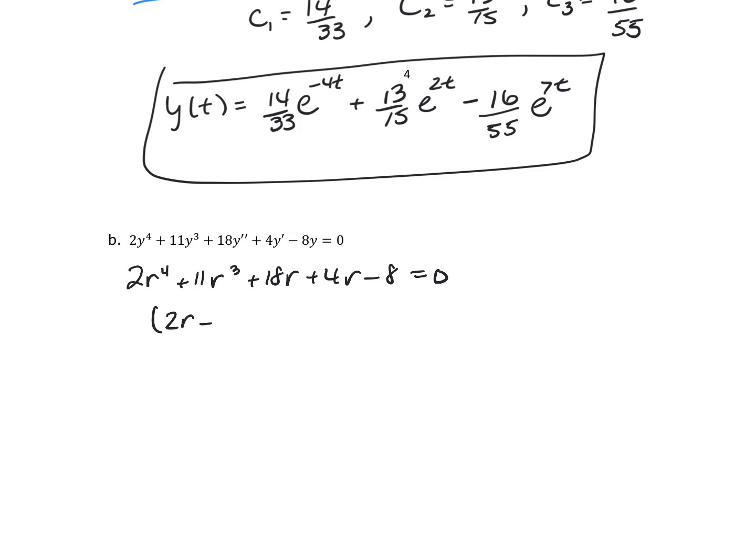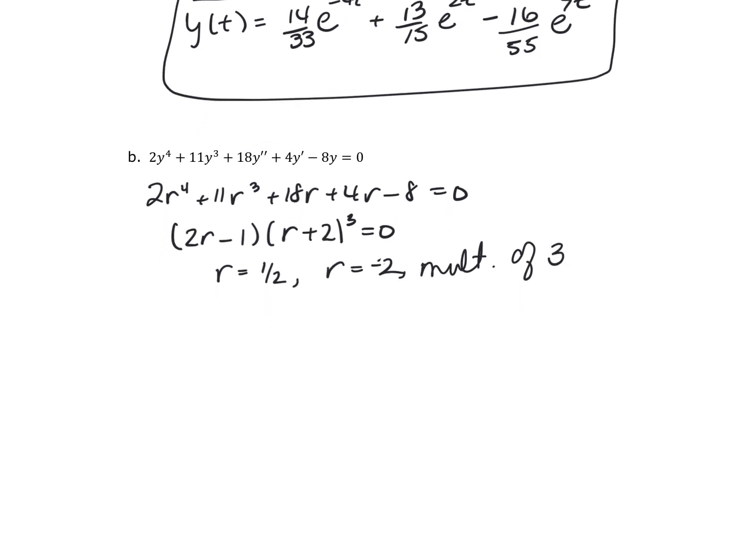So 2r minus 1, and then I end up with r plus 2 raised to the 3rd power is equal to 0. So I end up with r being 1/2, and r being 2 with a multiplicity of 3. And this should be a negative 2.